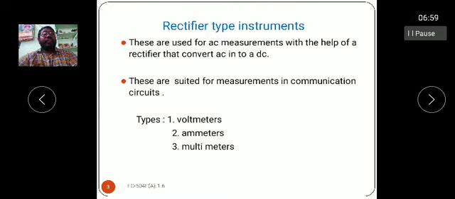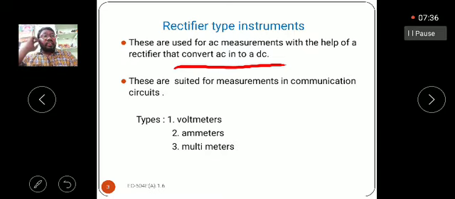Here the rectifier type instruments are used for AC measurements with the help of a rectifier that converts AC into DC.